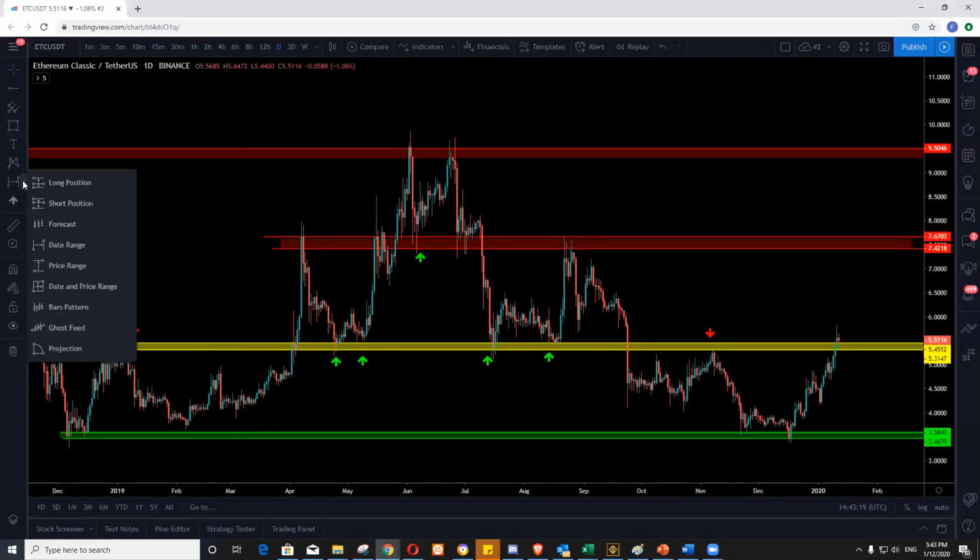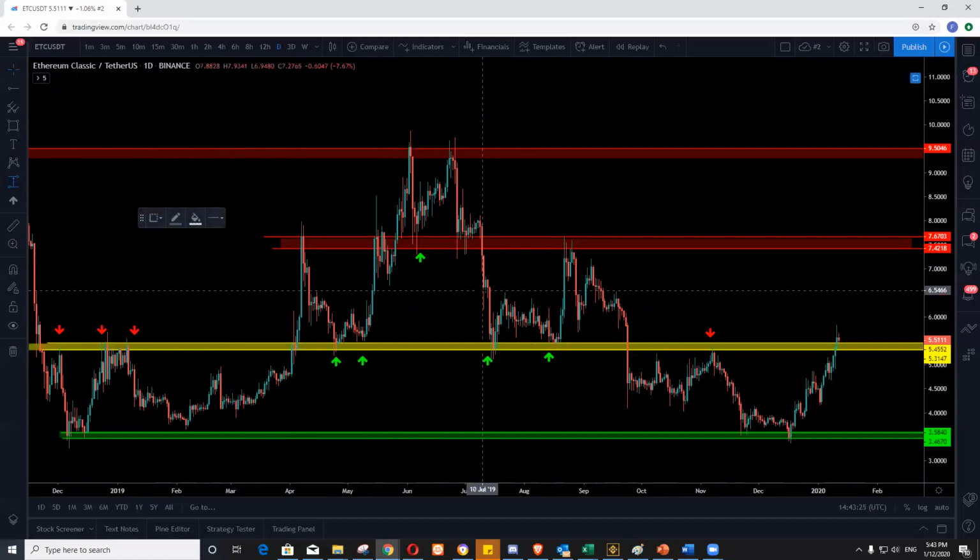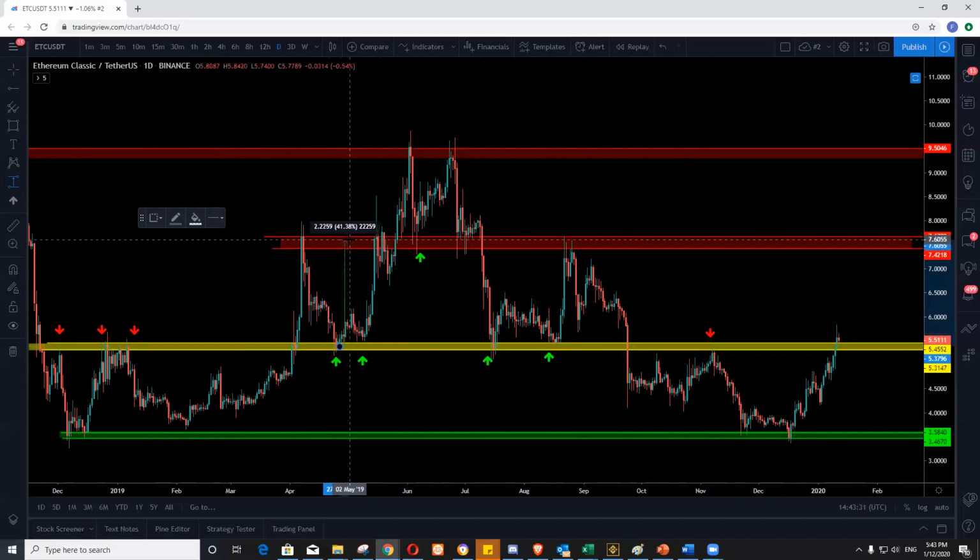Why this? Because the risk to reward and the validation of these levels is much better than trending low time frames' noise. We can see, for example, buying the retest of this level provided 40% ROI to the upper level.